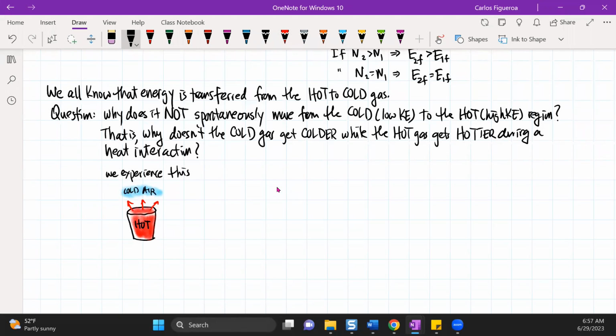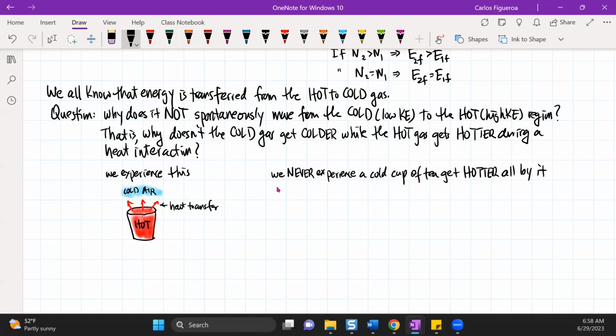That's what we see as heat transfer. We never experience a cold cup of tea get hotter all by itself.